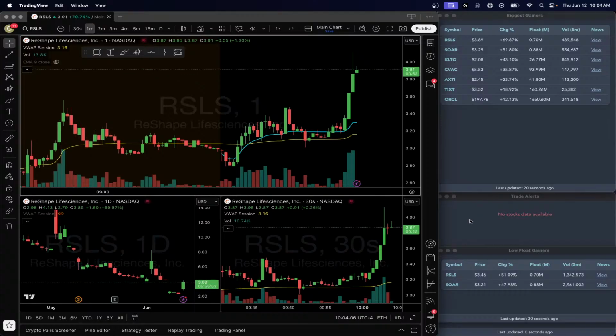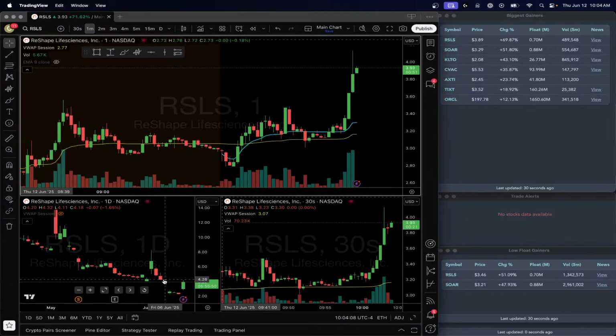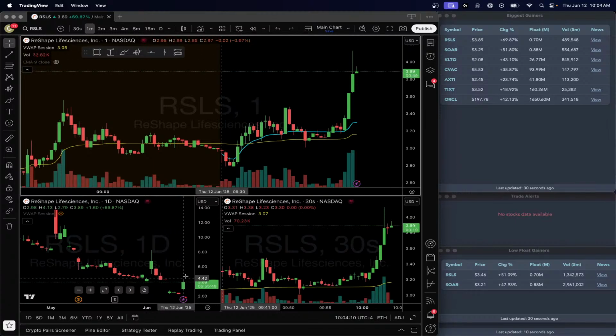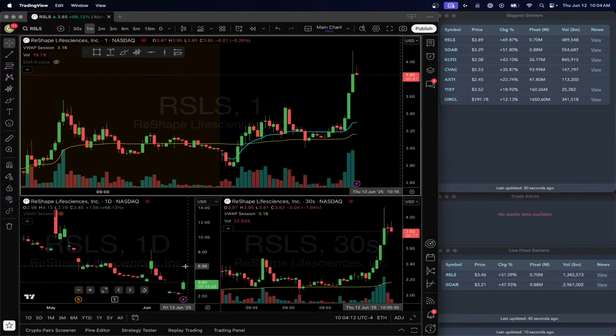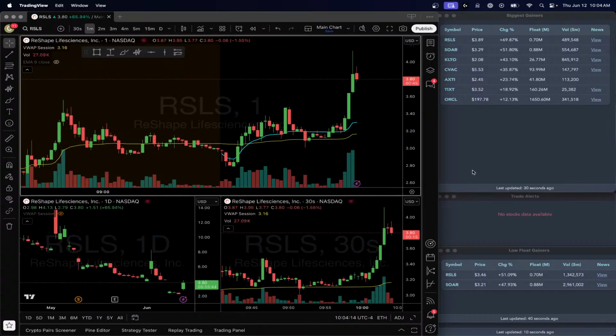The thing about these is, like right here, we're filling that gap. And if you were with me in the morning, pre-market, we looked at that. Is it going to fill that gap?